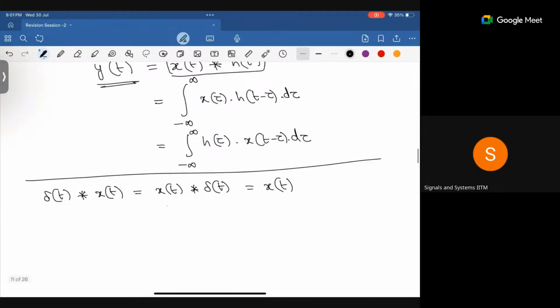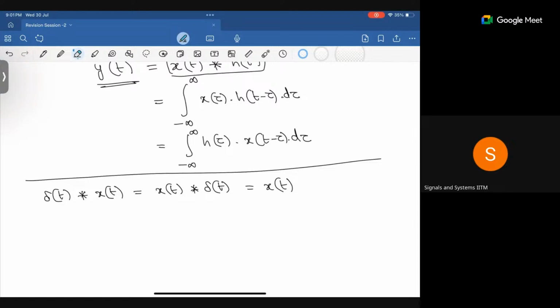Earlier, when we took the product, that is different. We saw x of t multiplied with delta of t is sampling; it samples the value at 0. So x of t times delta of t is basically x of 0 times delta of t. So this is not equal to this. Be very careful about this. X of t convolved with delta of t will give back x of t.